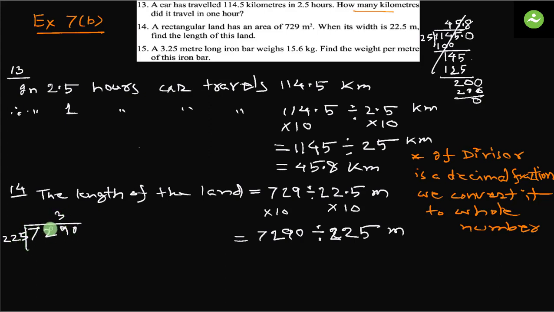3, we multiply by 3, this is 675. 4, 5, and we bring down 0, should be 2, and 450.